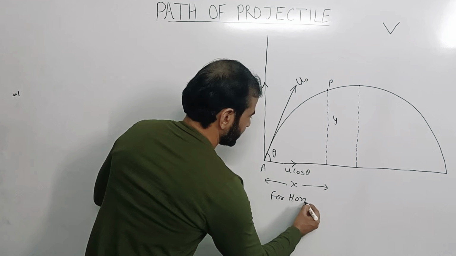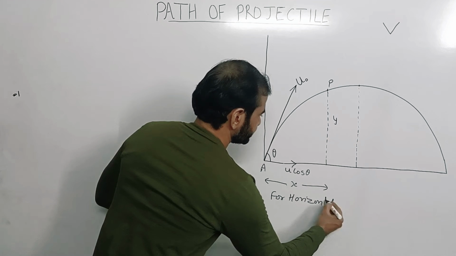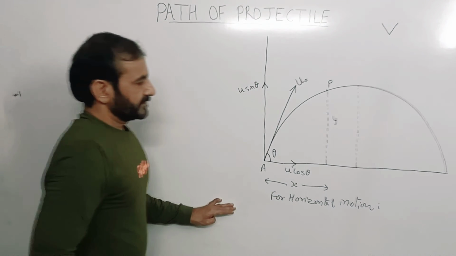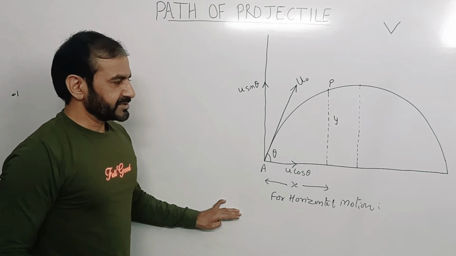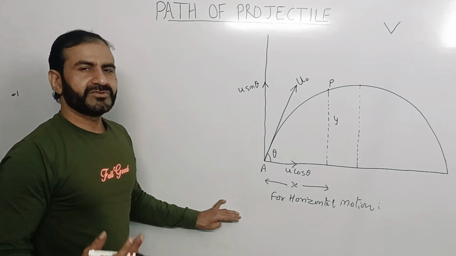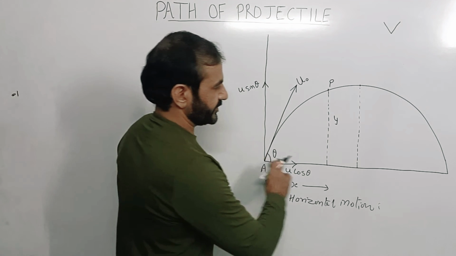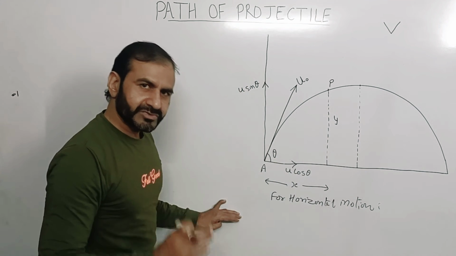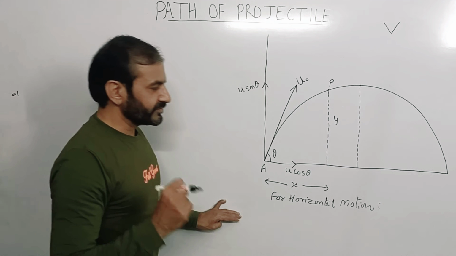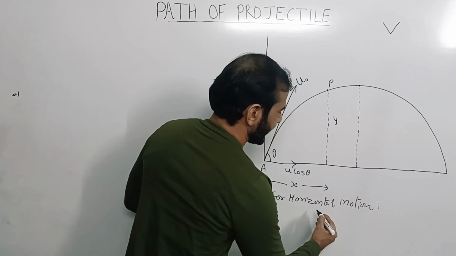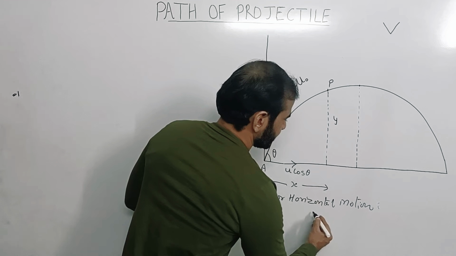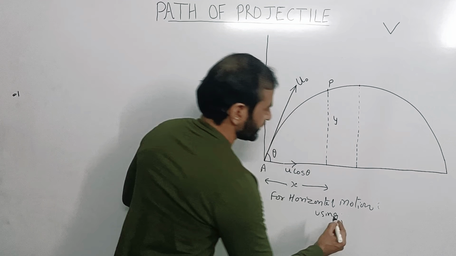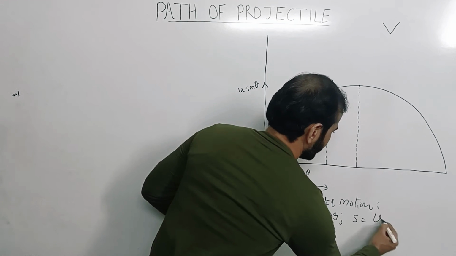For horizontal motion, velocity is constant, and its reason is because there is no force acting horizontally. Keep in mind, there is no force acting horizontally, that's why velocity is constant, and you will use formula s equal to v into t.